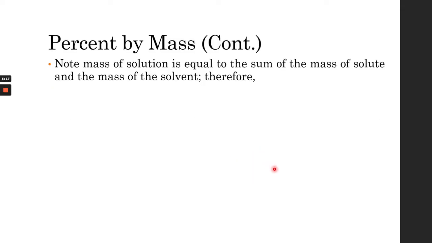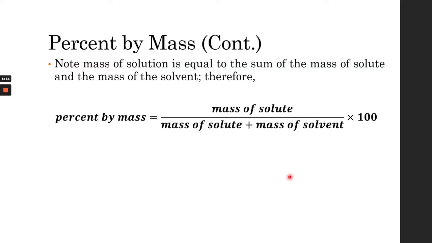In percent by mass, it is important to understand the difference between solution and solvent. Note that the mass of the solution is equal to the sum of the mass of solute and the mass of solvent.